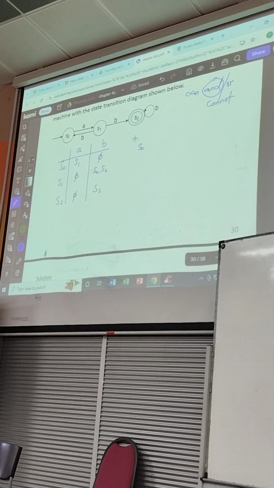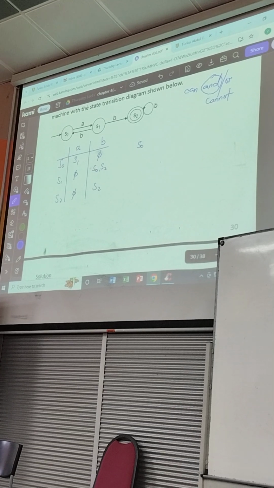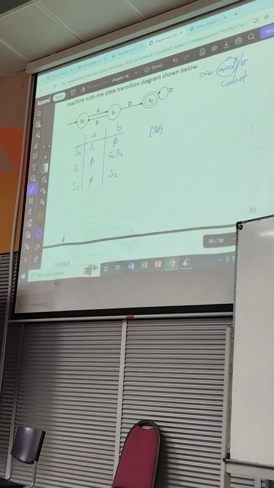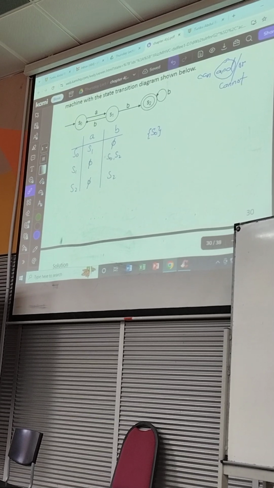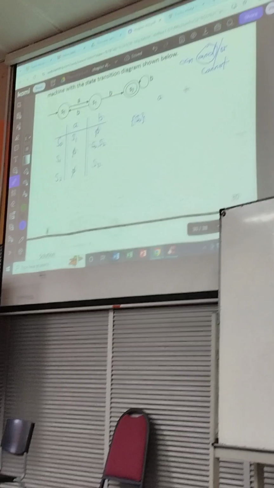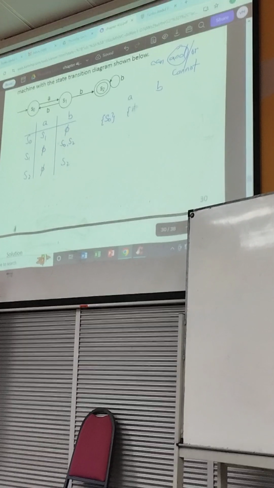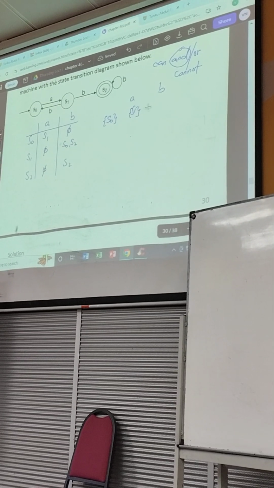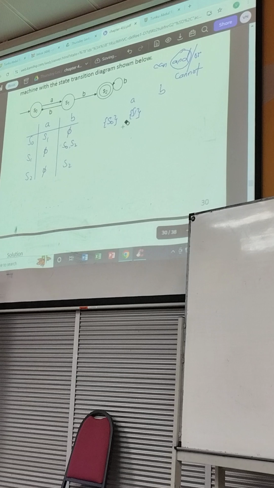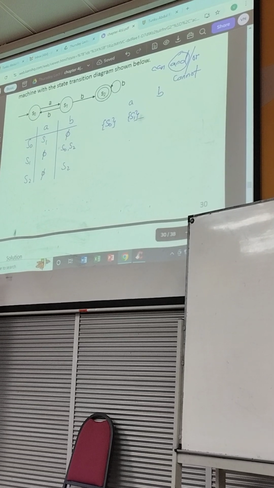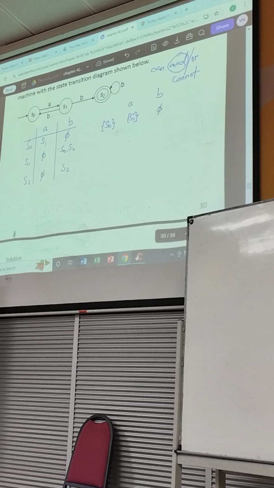Now, when you want to convert from non-deterministic to deterministic, we will put it in a curly bracket like this, to show that it is a class. Then, here is A and B. Okay. S0 after input A, S1. Okay, B.